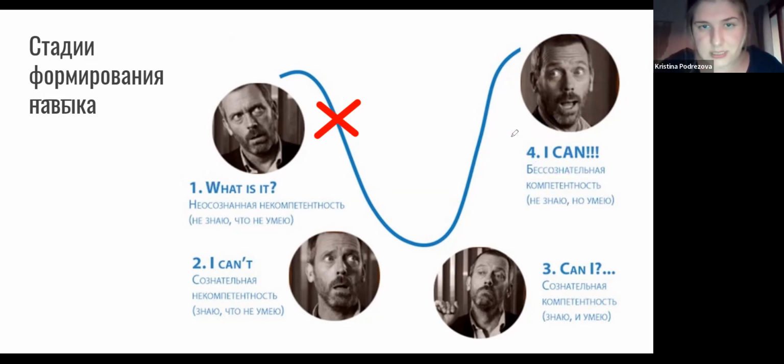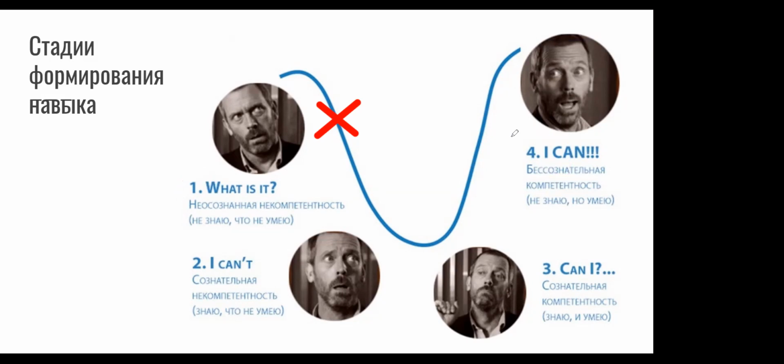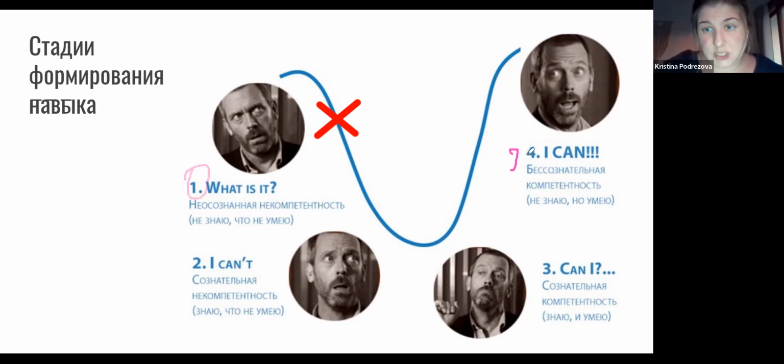By the way, if you're interested, it's a scientific theory. You can read about it on the internet, and it's true for every skill, for every language in the world, right?